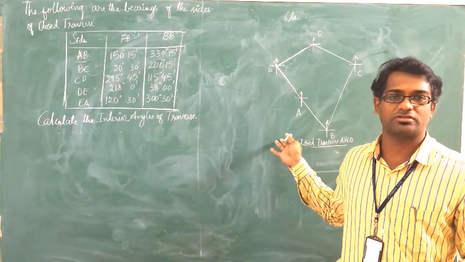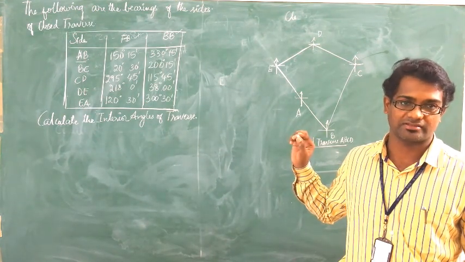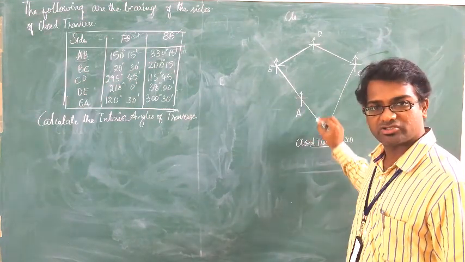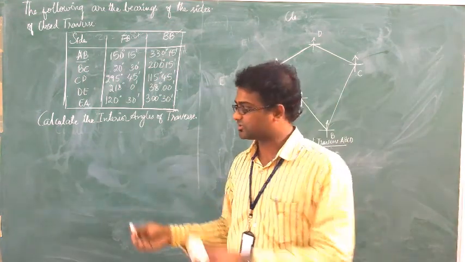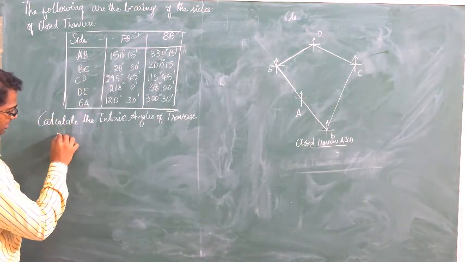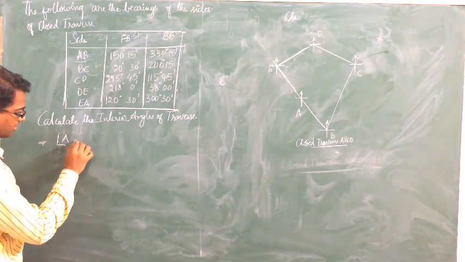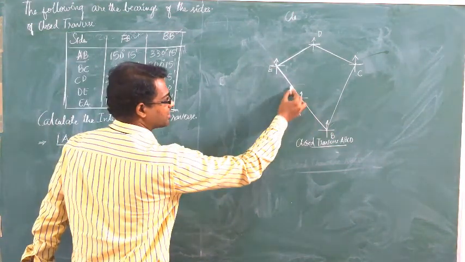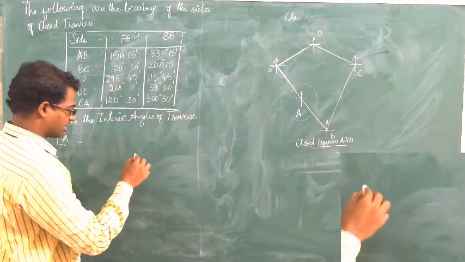Now for this closed traverse, we will calculate the interior angles. Now let us take station by station, then we will calculate the interior angles. Now for the first station, angle A is equal to, now if you want to calculate angle A, draw the portion of station A again here.